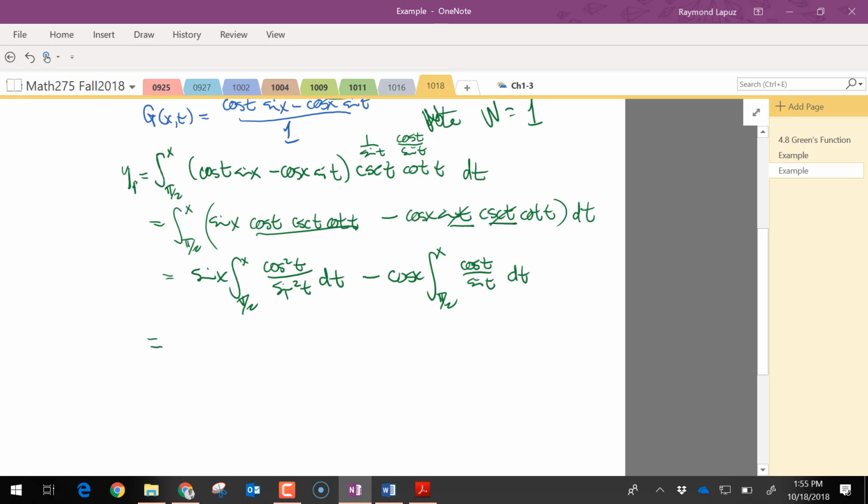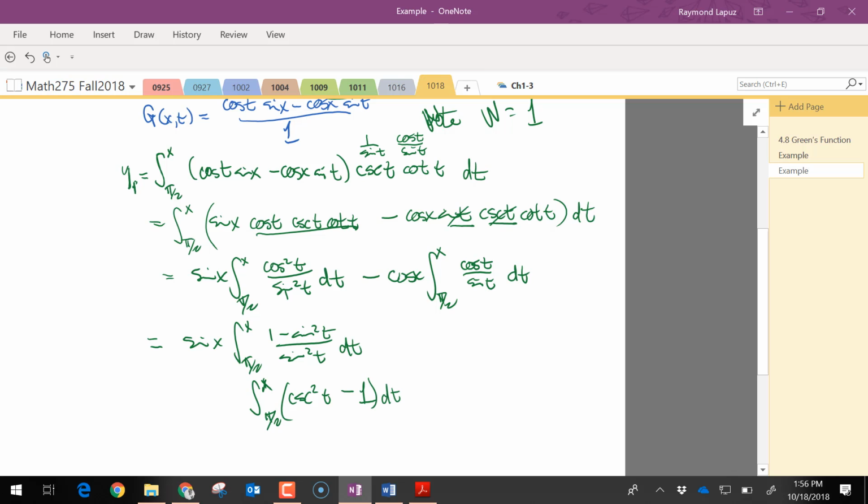I would probably want to split up the cosine squared into 1 minus sine squared, so that I can split that up. It's 1 over sine squared. 1 over sine squared is cosecant squared t minus, and then sine squared over sine squared is just 1.